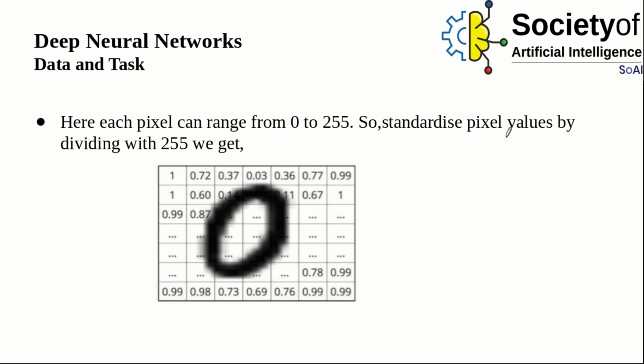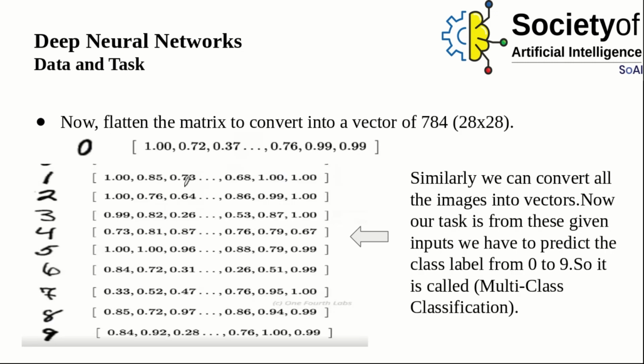So we standardize the pixel values by dividing them by 255, and we get values ranging from 0 to 1, as we can see here. Now, we will flatten the matrix to convert it into a vector of 784, which is 28 by 28. Similarly, we can convert all the images into vectors.